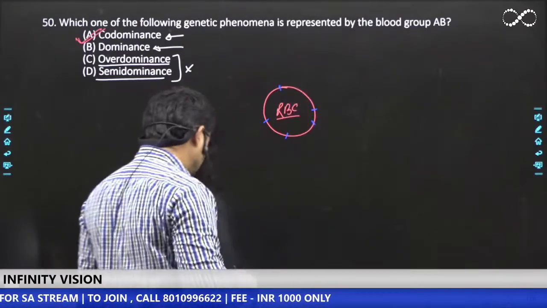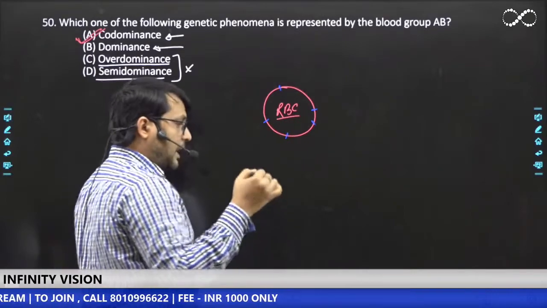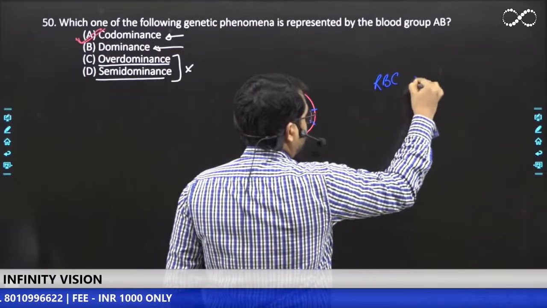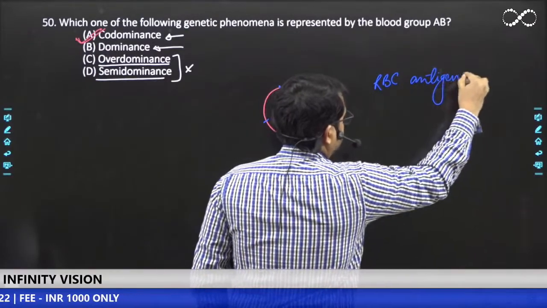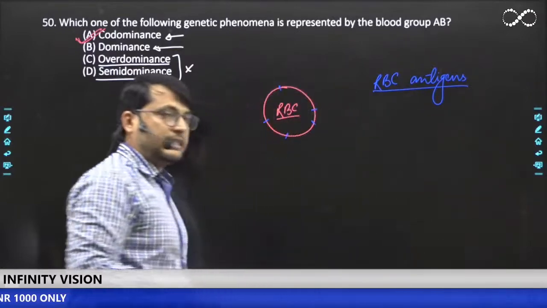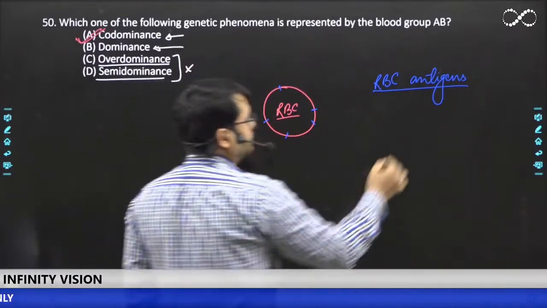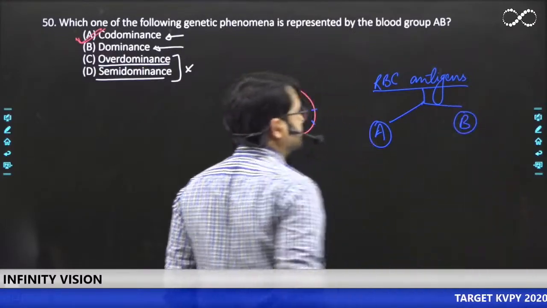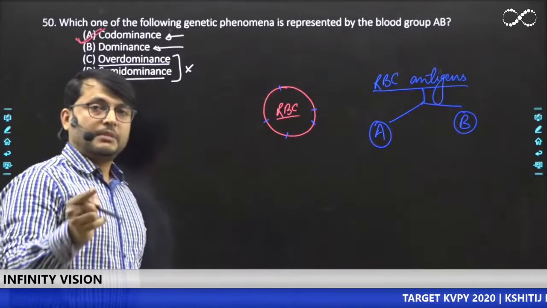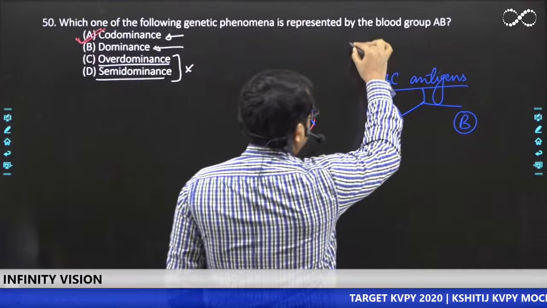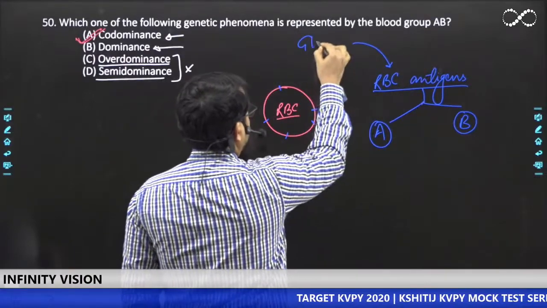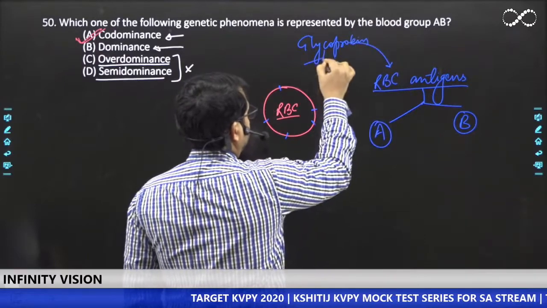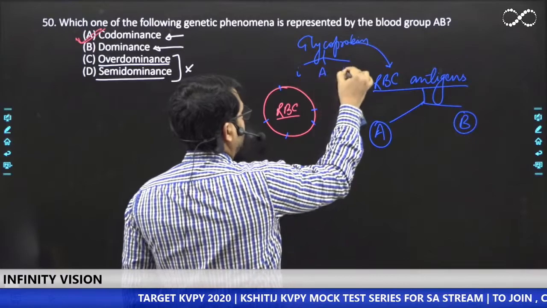These all are the glycoproteins. Now, these glycoproteins are known as RBC antigens. And these RBC antigens can be of two types, A and B, correct? But this glycoprotein, which is behaving as the RBC antigen, can be of three types: small i, A, and B.